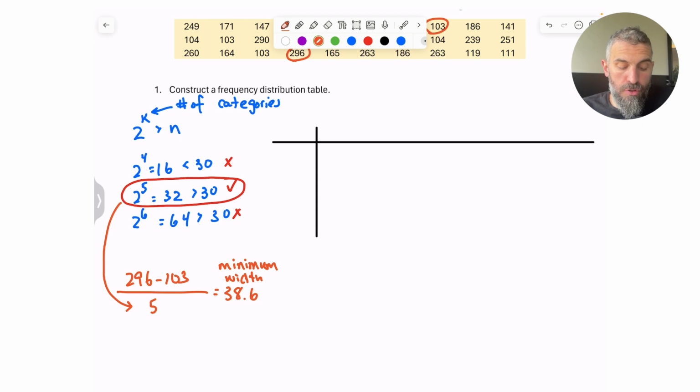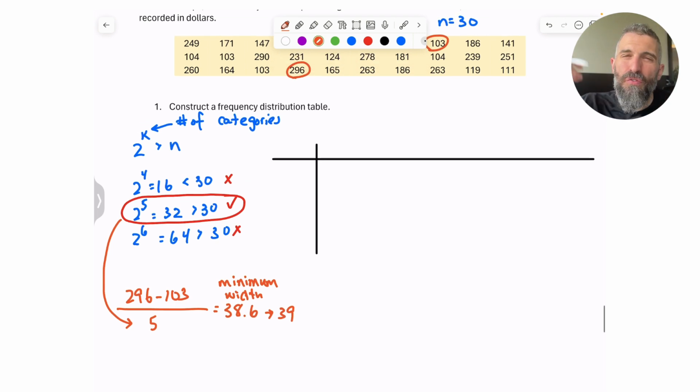So you can use a width of 39. You can use a width of 40, 41, 42, whatever. You just cannot go below 38.6. So it's really up to you here. Now, what I suggest is just go up to the next integer. Whatever number you get here, take the next integer. Keep it simple. So we're going to use 39, okay? You could use 40 if you like round numbers, but don't go further than that.